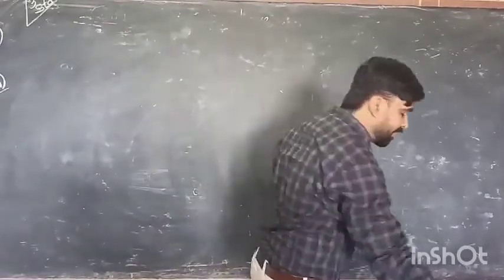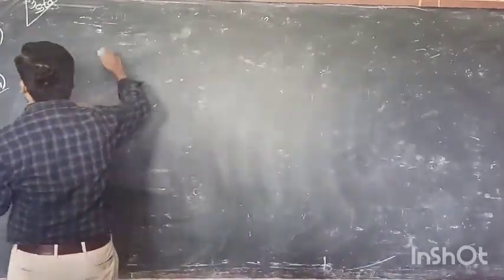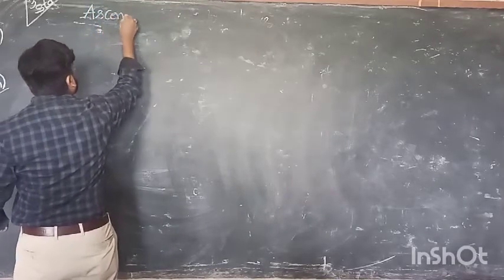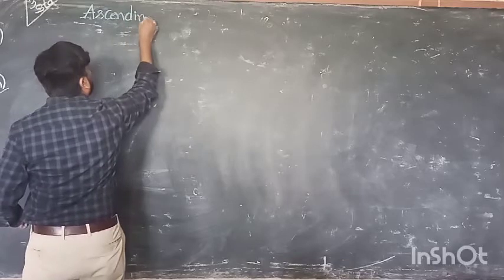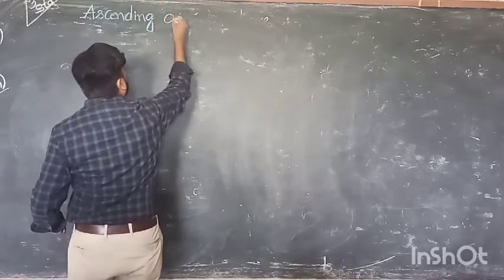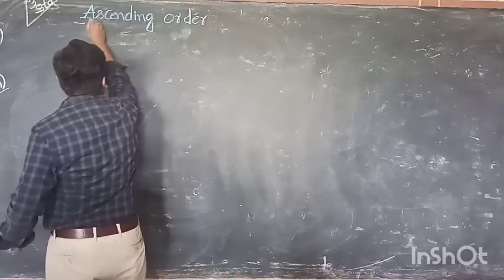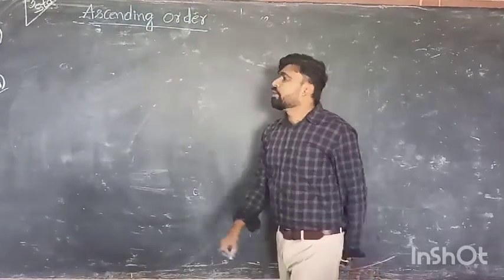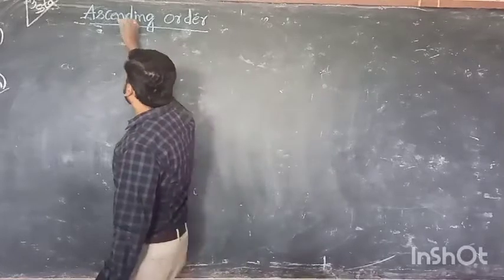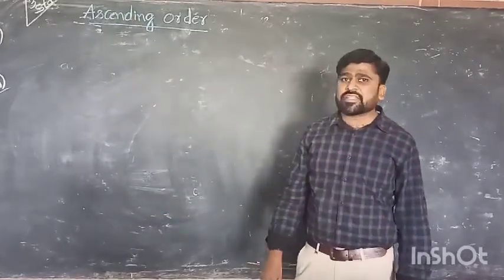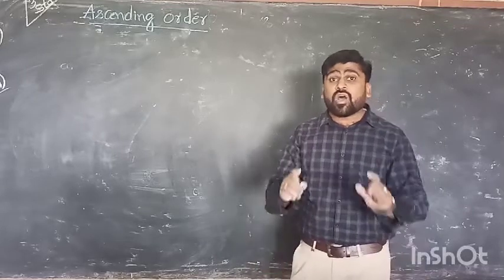First type, now this one you have to take down in your CW, that is ascending order.